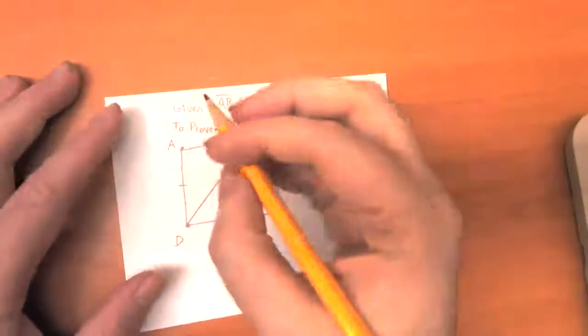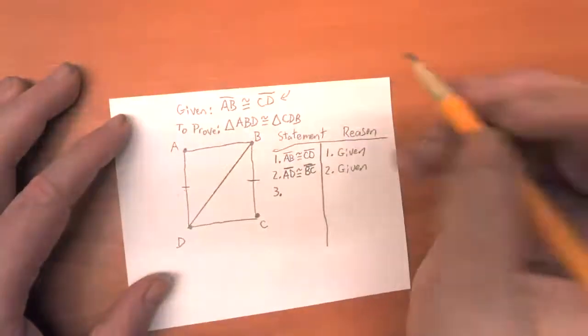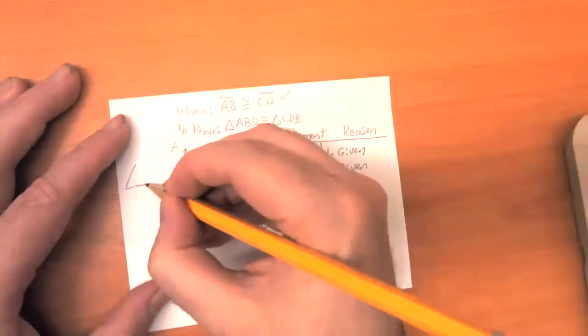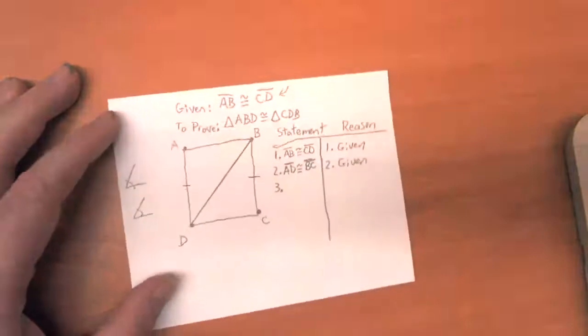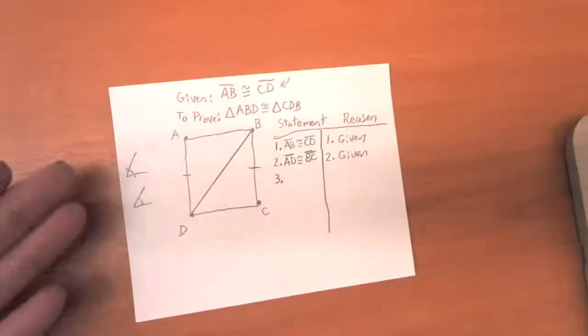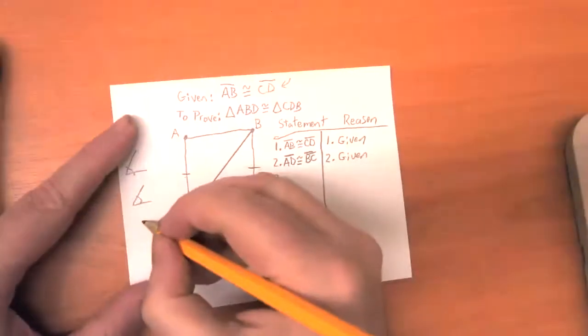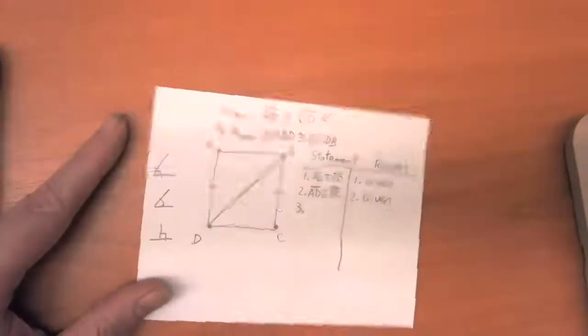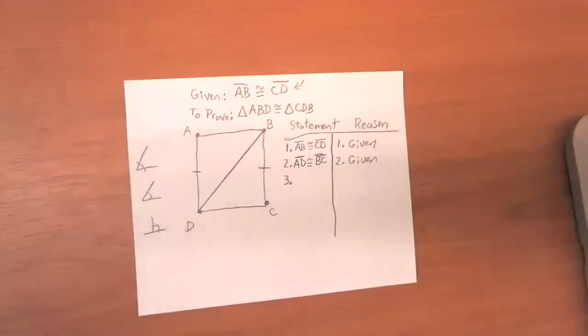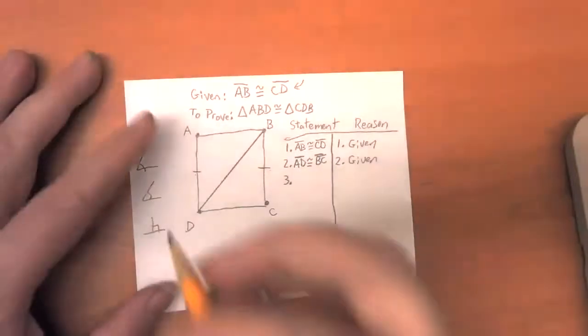And just to give you a sense of some things you can see in diagrams: we might have two angles that have single arcs like this, so we would be able to infer that those two angles are congruent. Sometimes we'll see that angle bracket, which means that something is a perpendicular line.